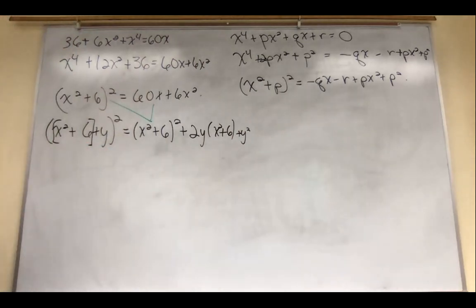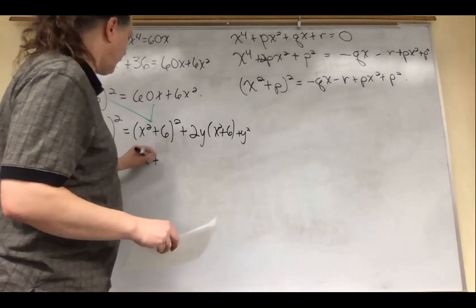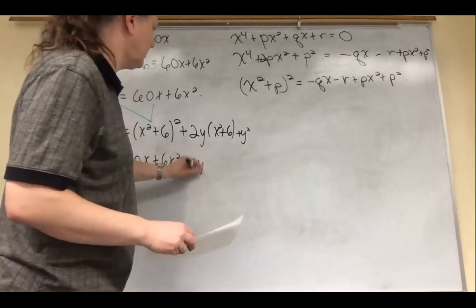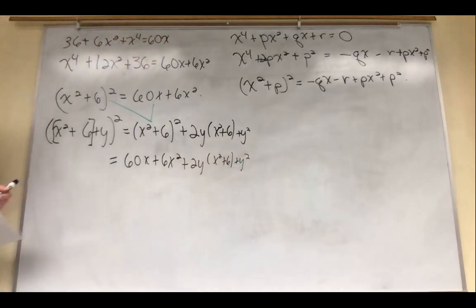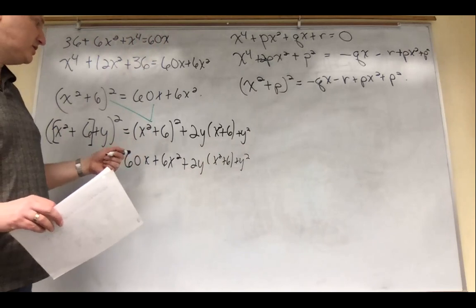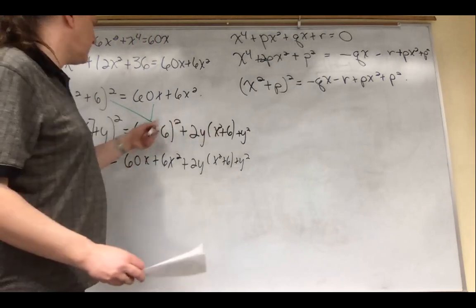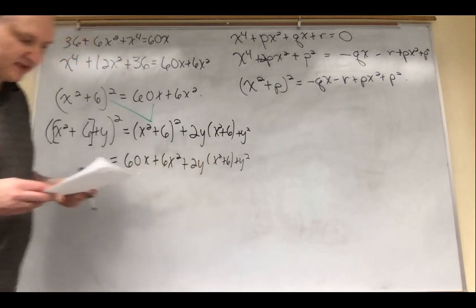X squared plus 6 whole thing squared is apparently just equal to 60x plus 6x squared, plus 2y times x squared plus 6, plus y squared. Notice, by the way, the degree in x just went down by 2. Notice this was 4th degree in x, and now this is just quadratic and this is quadratic, so that's interesting.